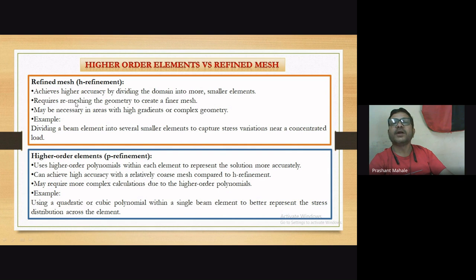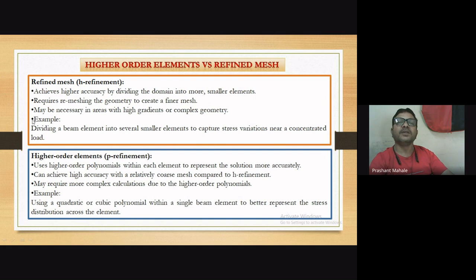It requires remeshing in geometry to create a final mesh. Of course, remeshing is required and may be necessary in areas where high gradients or complex geometry is there, or stress concentration is there. In such cases, we require this H refinement or a refined mesh in those particular areas.